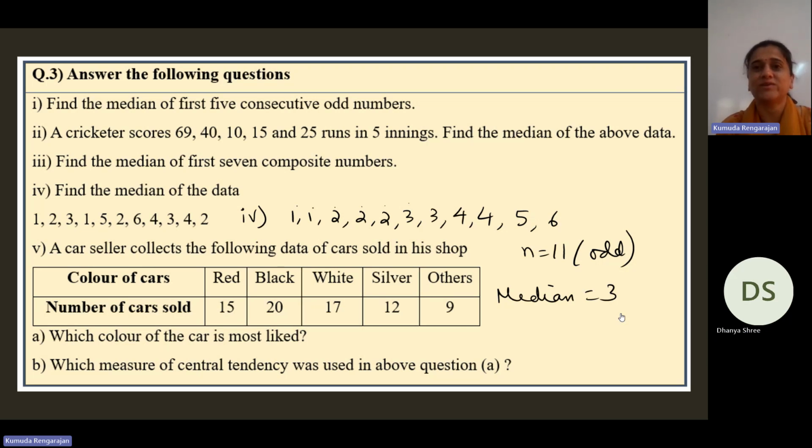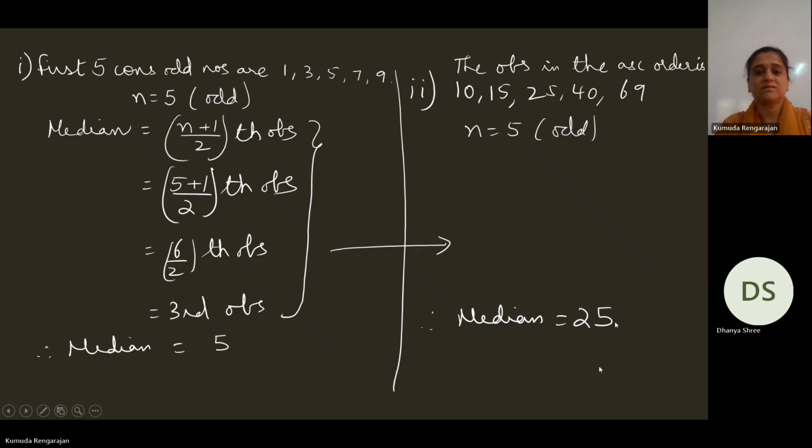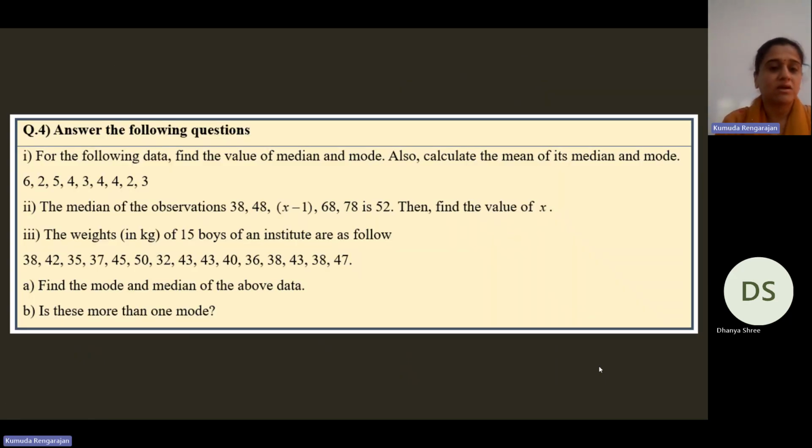Very good, Tanya. Everybody, in fact, all of you gave the right answer. The answer for the first question is black, and the measure of central tendency is mode. So that's about the answers to yesterday's questions.